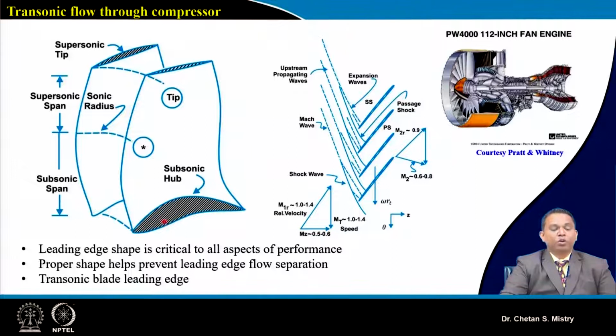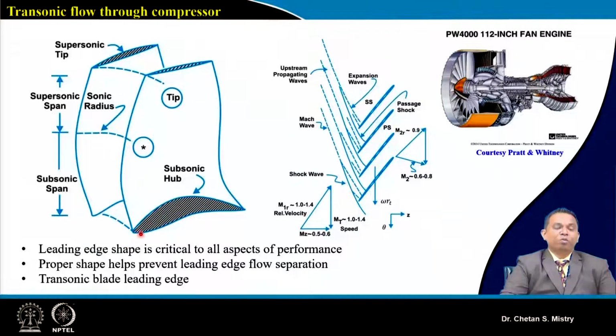Okay, now my leading edge is always a critical part when we say the flow is supersonic. Now here, when we discussed low speed compressor or subsonic compressor design, we expected our leading edge to be circular or elliptical in order to have a wider operating range.